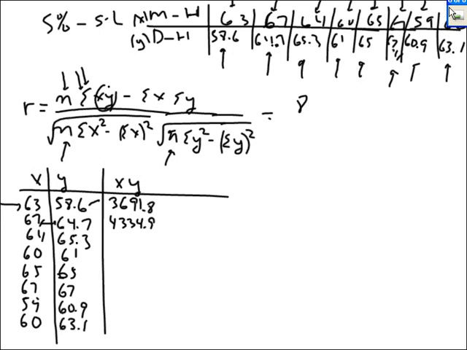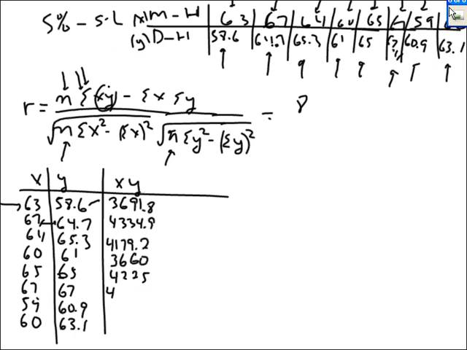I multiply those x and y's, and I get 4334.9, then 4179.2, then 3660, and the last one is going to be 37. The next one is going to be 4225.